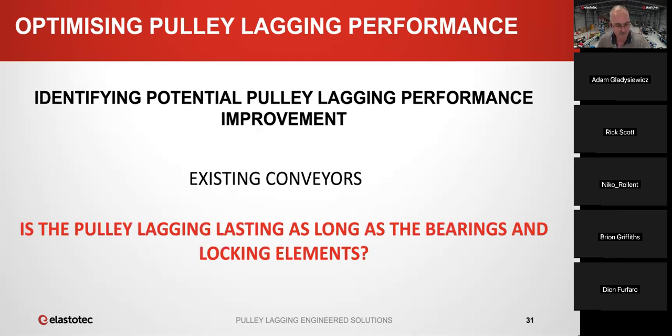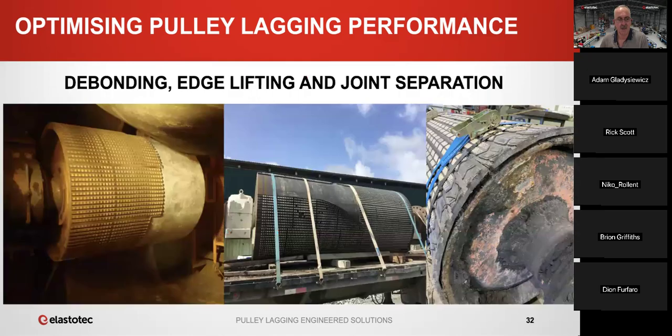So basically, if the pulley's having to be pulled out and refurbished, or the lagging's having to be replaced, and the bearings are still operational, then there's potentially an opportunity to improve the lagging performance. So I'm just going to quickly run through some of the common modes of failure for lagging, and then talk about what possible things can be done to minimize the chance of them.